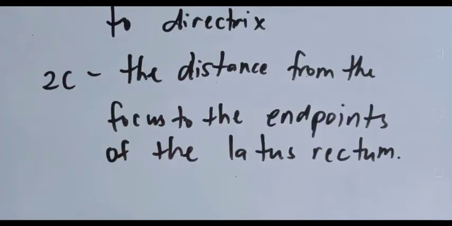Now going back to our guide, we know that 2c is the distance from the focus to the endpoints of the latus rectum. And the value of our c is 3, so meaning 2 times 3, so 2c is equal to 6, and that is now the length of our latus rectum. So the one in the middle is the focus.